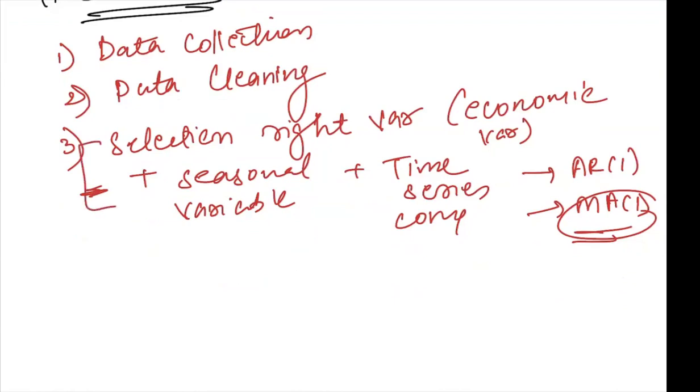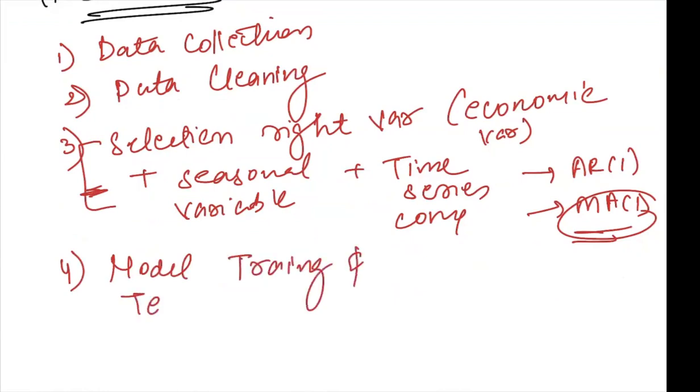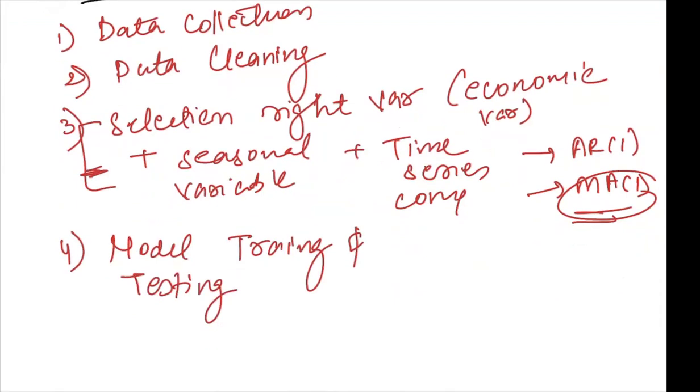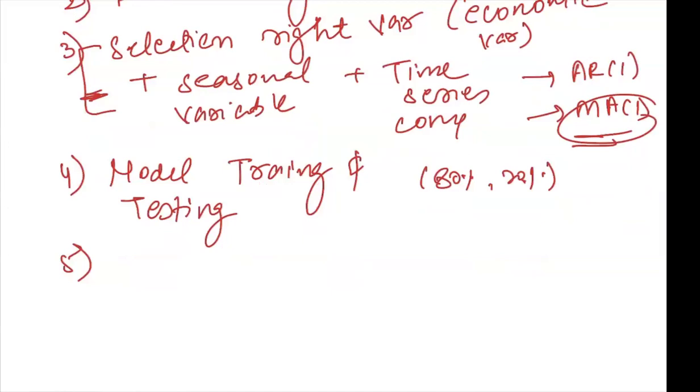Selection of the right variables is your third step. The fourth step is model training and testing. You'll train and test your model, say 80 to 20. Then you'll perform backtesting. After backtesting, you'll perform stress testing.